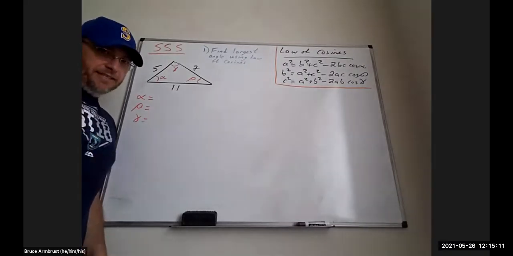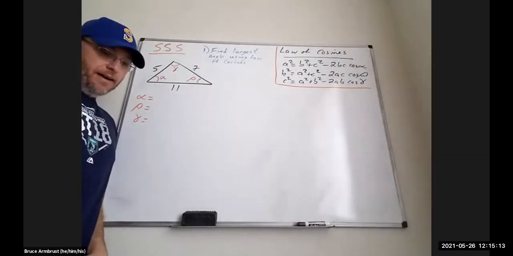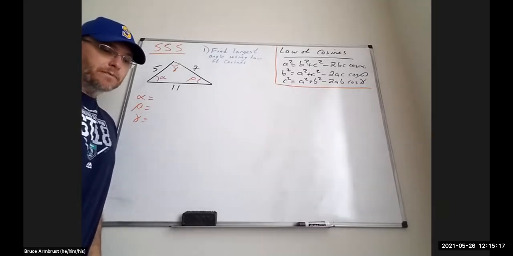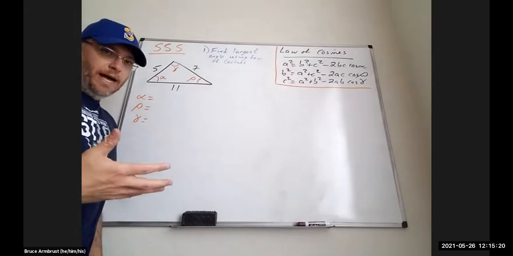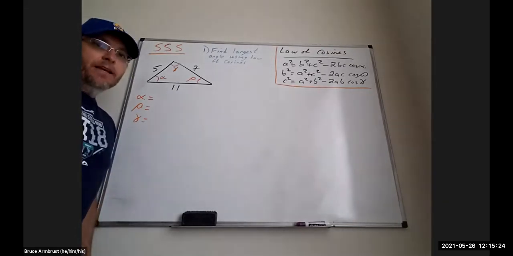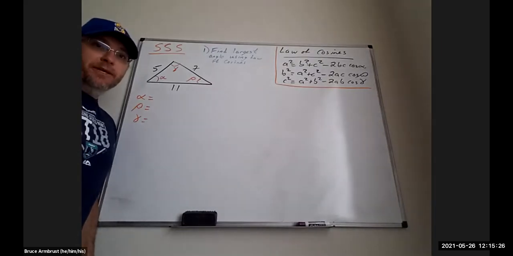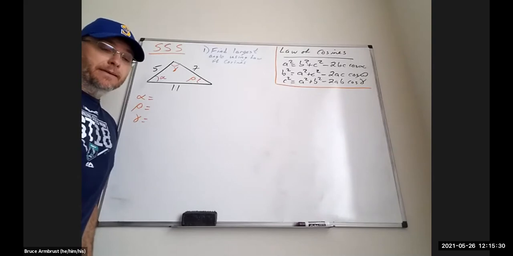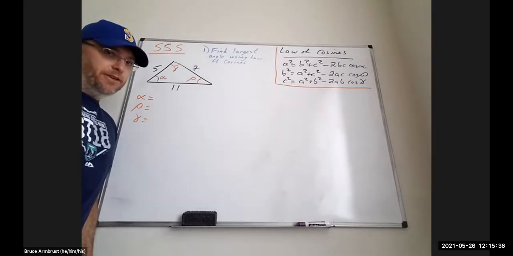With law of sines, I suggested going with the small angle, but with law of cosines, I'm going to suggest you go with the biggest. And here's why. Think about inverse cosine. Inverse cosine gives you angles between 0 and pi, or between 0 and 180 degrees. All of those are angles that are in a triangle.